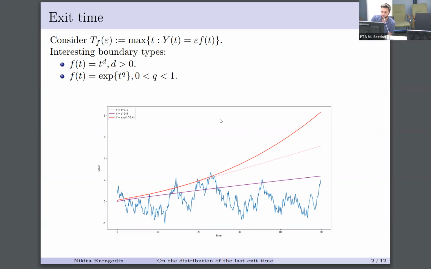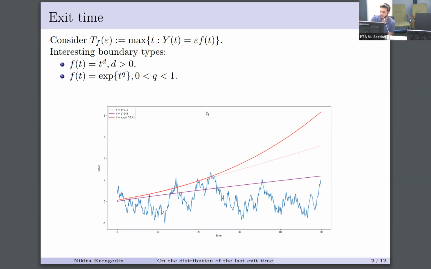Imagine you have a stationary centered Gaussian process. Its distribution is shift invariant, and its expectation function is just 0.